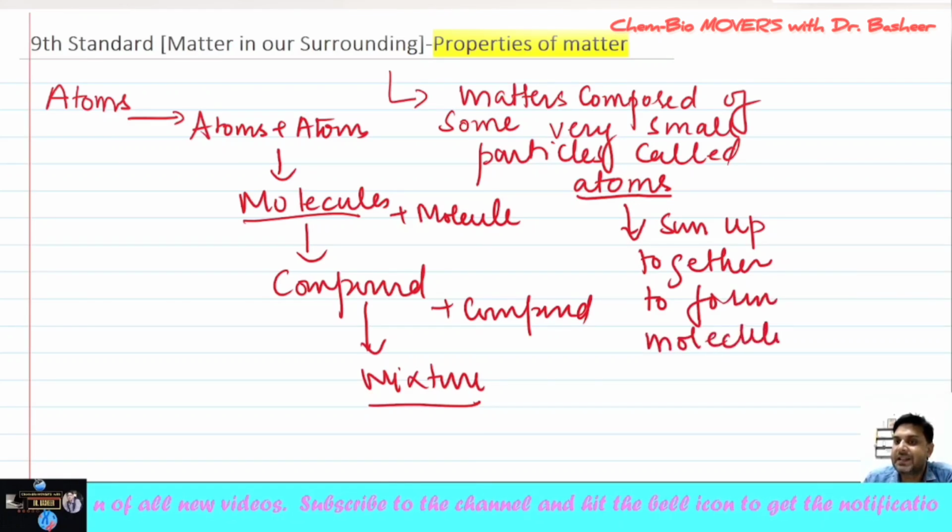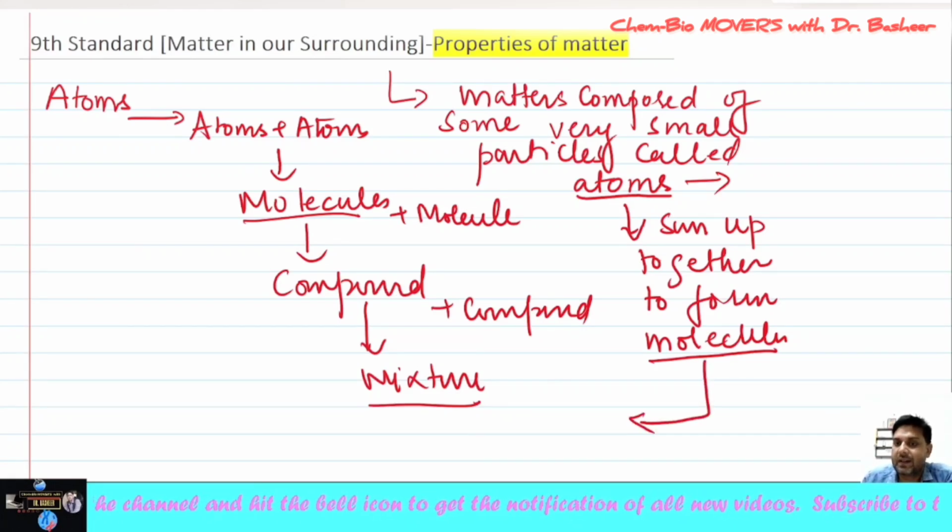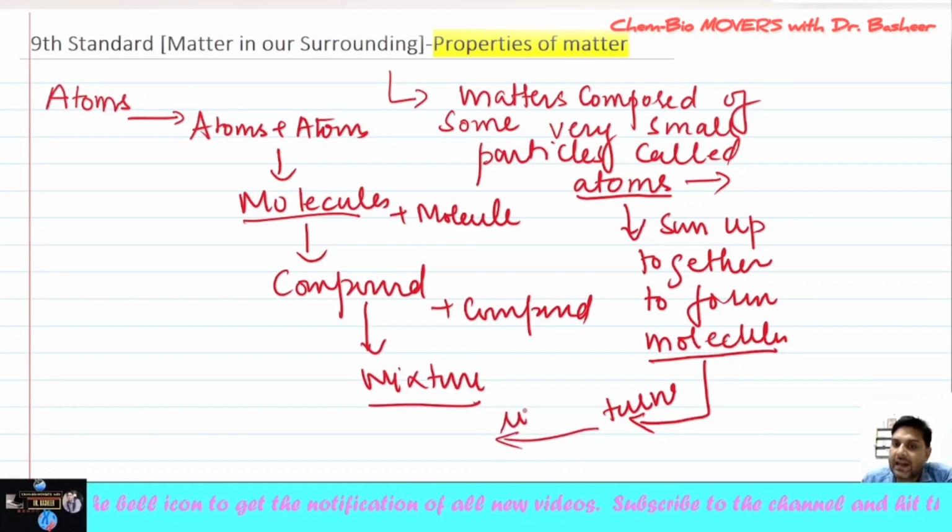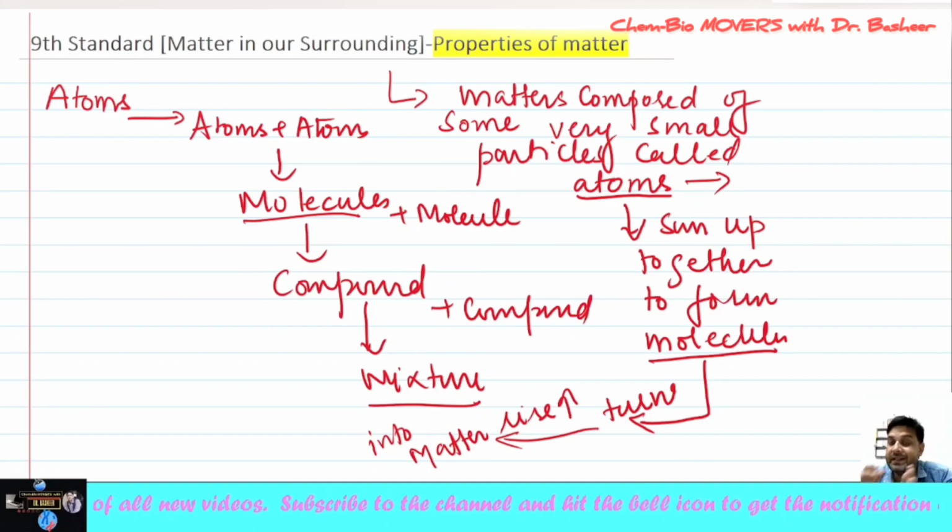What does that mean? It means one or two atoms join together and form molecules, and these molecules turn and rise into the matter. I hope you understand the sequence.